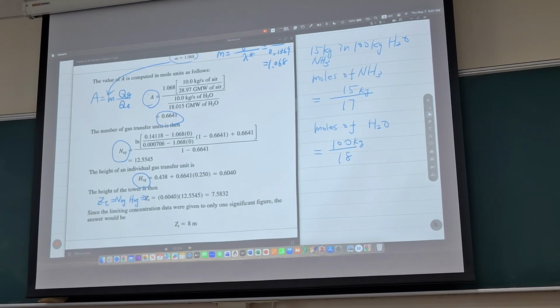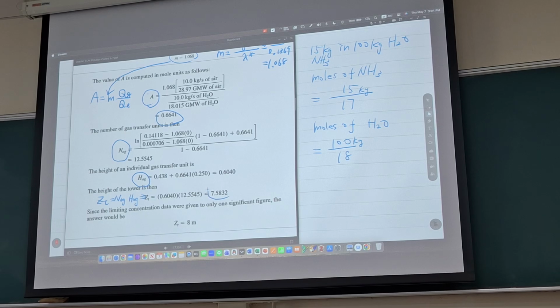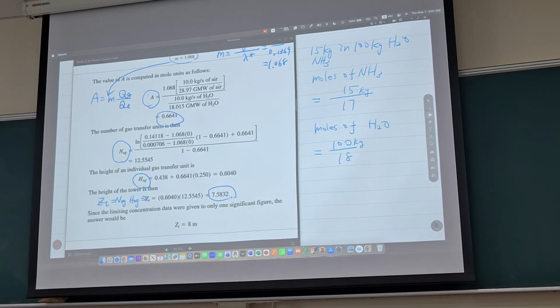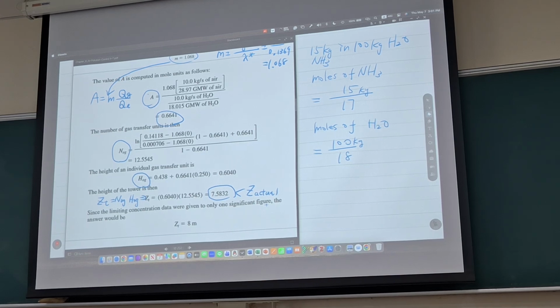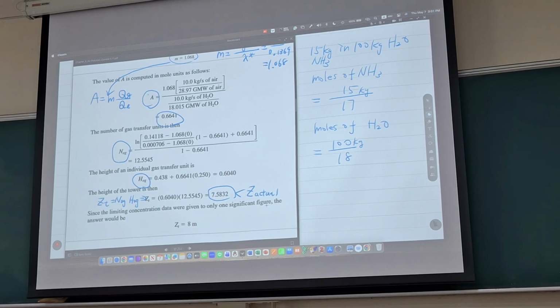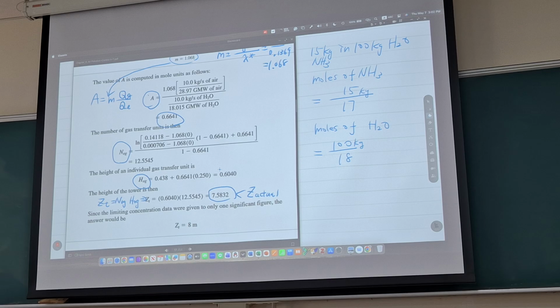Okay, so then we find out ZT equals around 7.8. But you should build something larger than this. Okay, if below this, this absorption tower is useless. So you need to build above this height. But you don't need to build like 9, 10, okay? Because all of those building materials cost money. So you can build like 8.